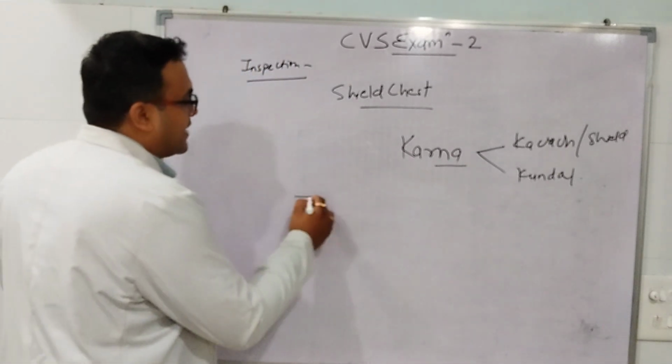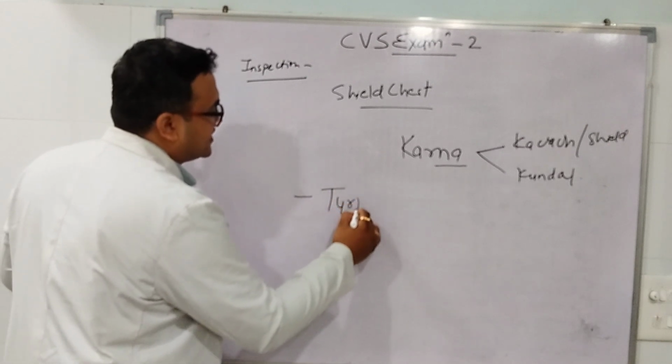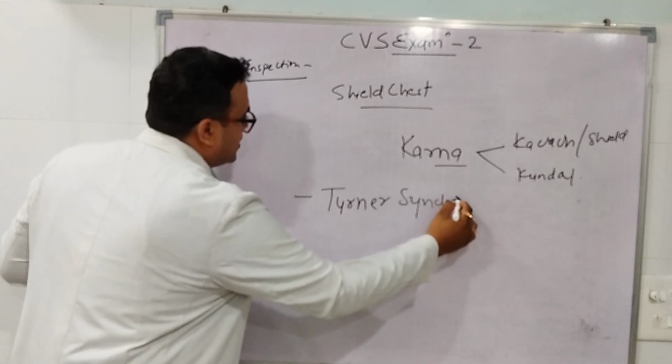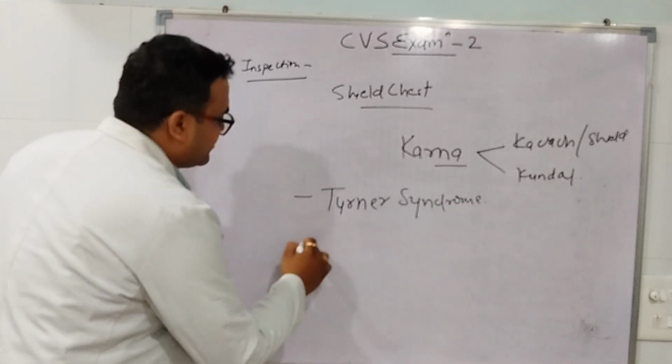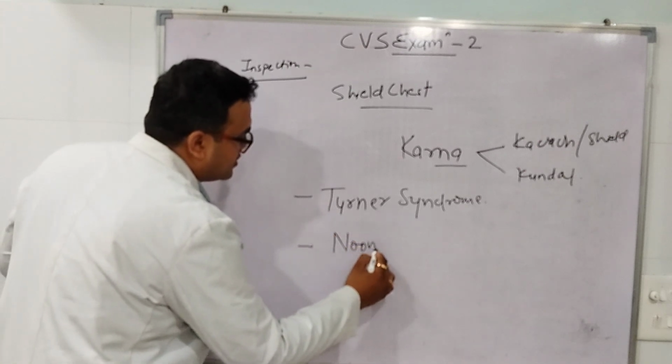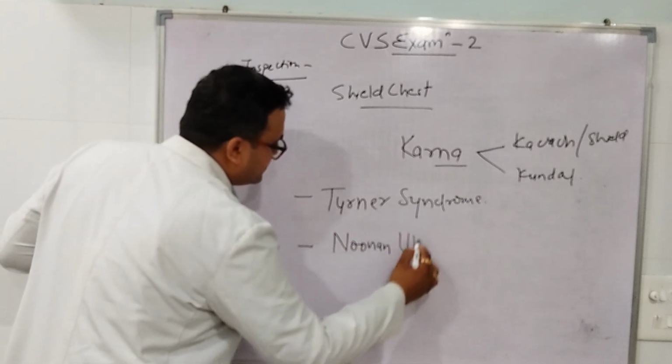That happens in females, we can see it in Turner syndrome, and in males we can see it in Noonan-Ulrich syndrome.